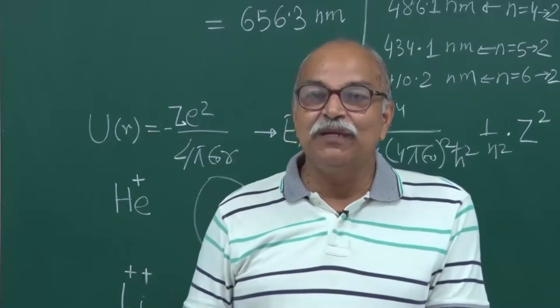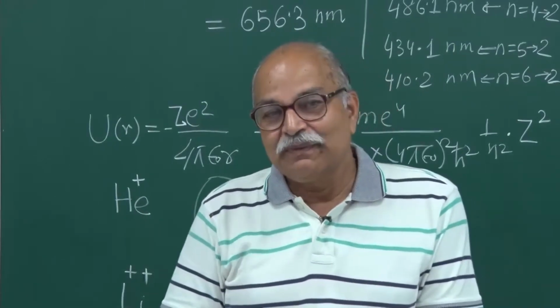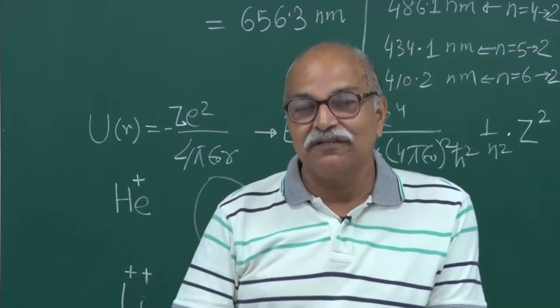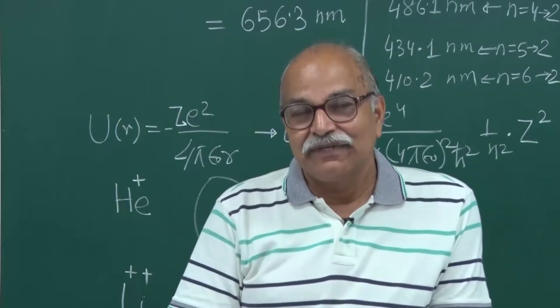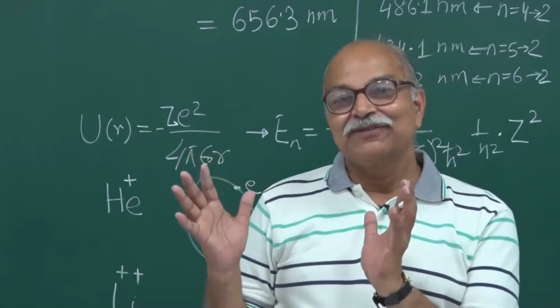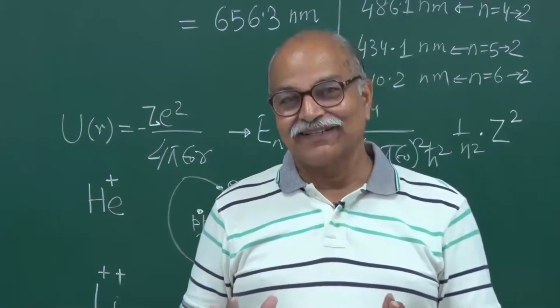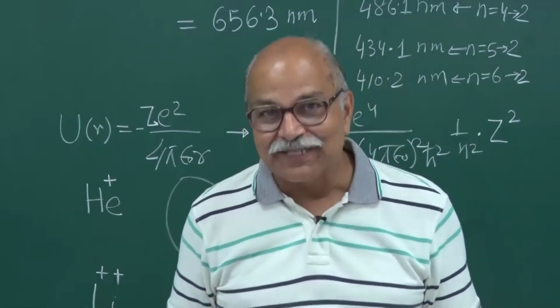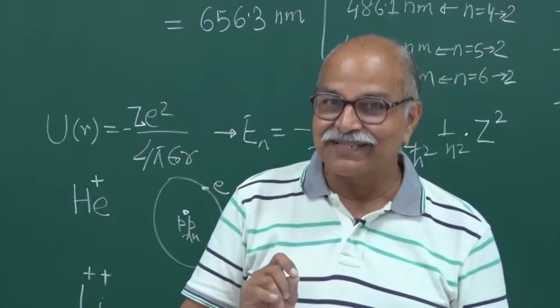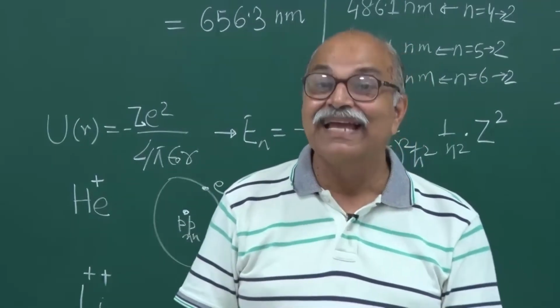The one which I will be describing is Schrodinger's formulation of quantum mechanics, where in a particular way those energies are dealt with. So let me talk a little bit about Schrodinger's equation and Schrodinger's method of getting those energies.